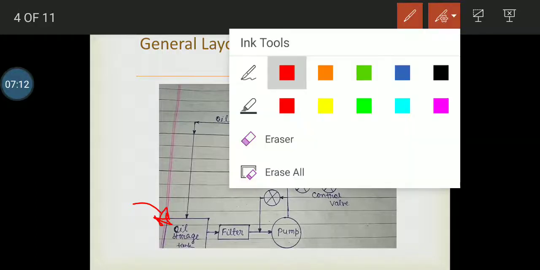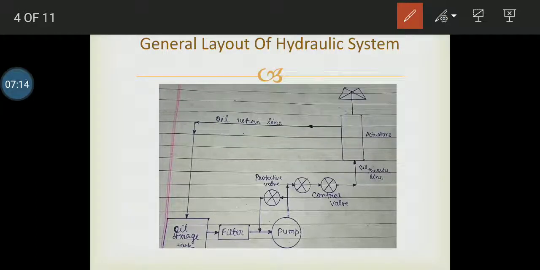Then when the oil is processed or starts to get out of the tank, it comes in contact with the filter. The filter filters the oil which is stored in the oil tank. It completely removes the impurities, because once the impurities are transferred to the further valves or actuators, it creates problems for the movement of the actuators and the valves.